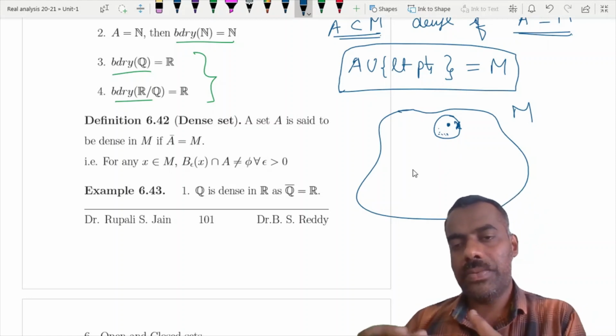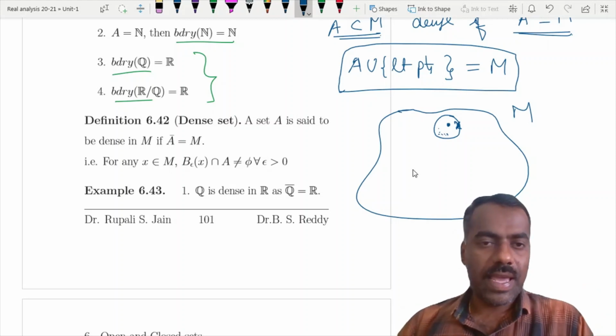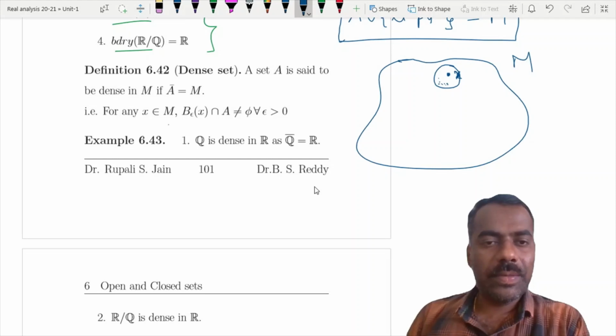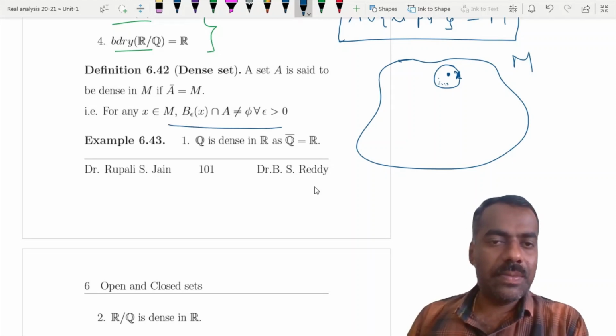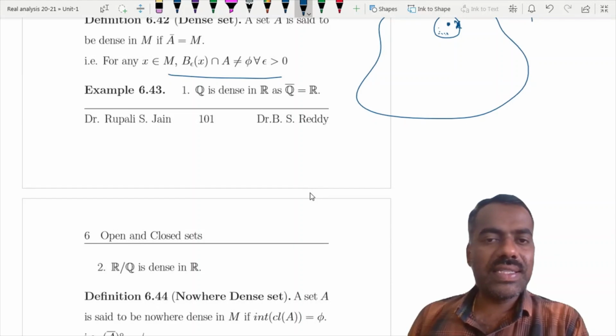So elements of A are spread at every corner of M. Mathematically, the definition is that B(x, epsilon) intersection A should be non-empty for every epsilon greater than 0.